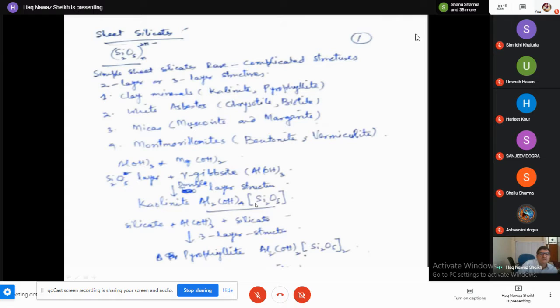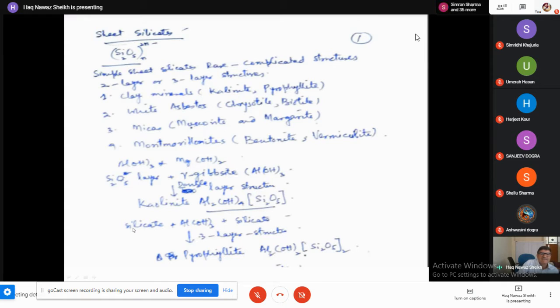So this is kaolinite, the mineral from which bone china and ceramic materials, all the sanitary ware or the plates and cups, are ultimately prepared.